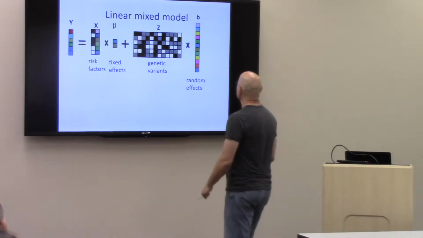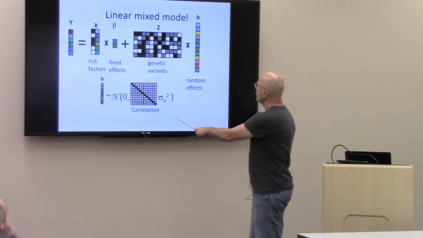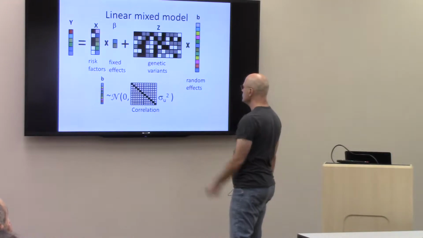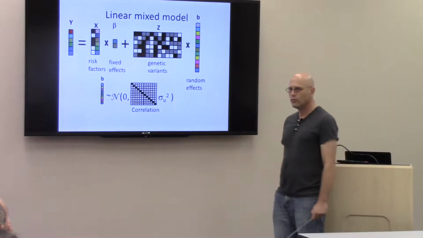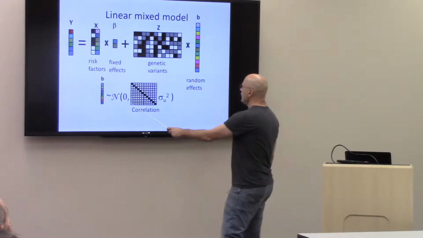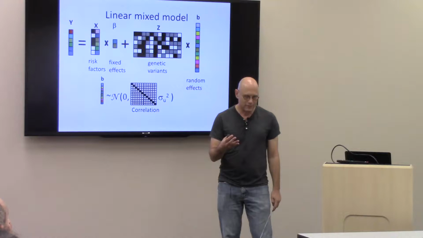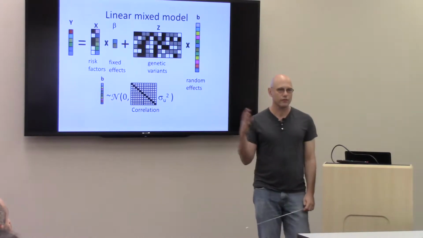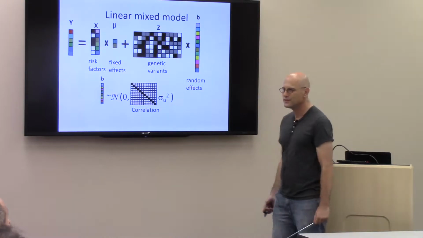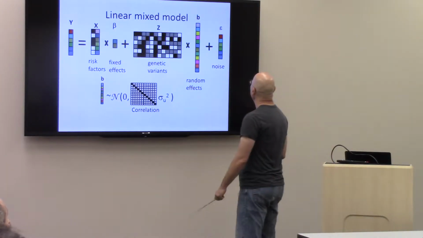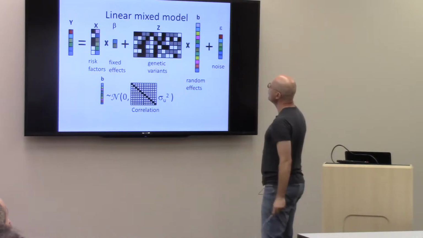Something we typically assume is that these have a multivariate normal distribution. This is the infinitesimal model we've been talking about. We don't necessarily need to assume it's normal, because the central limit theorem can help us even if we assume any other distribution, as long as there are many of them and they have the same distribution. The last component is what in statistics we would call noise.